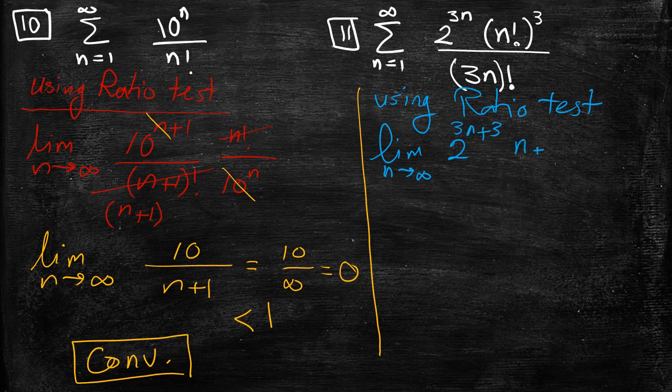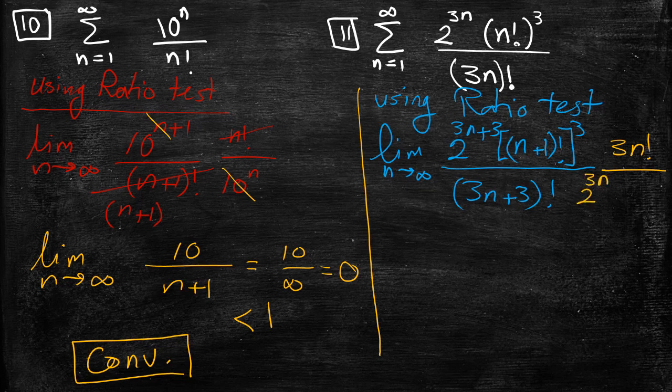And we have n plus 1 factorial cubed, divided by 3n plus 3 factorial. And then this one is multiplied by the reciprocal, which is 3n factorial over 2 to the power 3n and n factorial cubed. Just cancel the similar terms. This will be cancelled with this one. So it'll end up as 2 to the power 3.